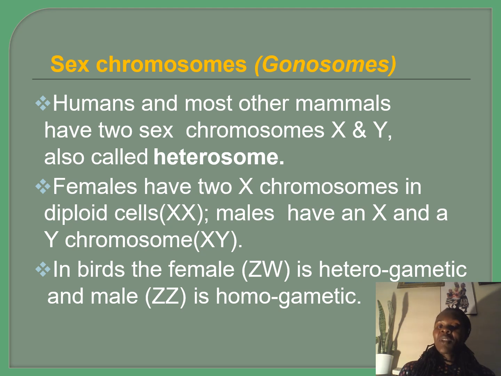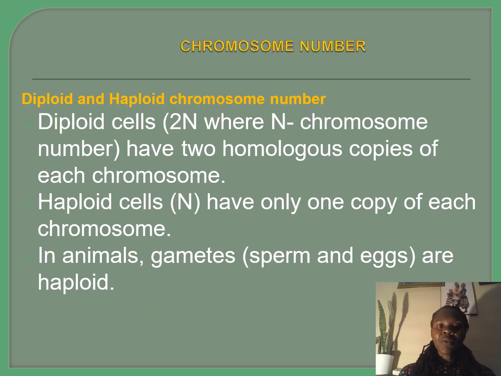But remember, in humans, the females are XX, so they are homogametic. In birds, the females are heterogametic, ZW, while the males are homogametic, ZZ. The males in humans are heterogametic, XY. So those are sex chromosomes, also known as the gonosomes.